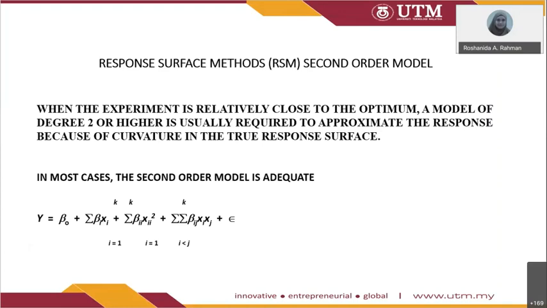Definitely a linear equation. You cannot get a second order model or higher order model or polynomial equation by using a two-level factorial design only. You have to remember that. But if you want to have a higher model, if you want to get the optimum point, then you have to go for RSM. That's why two-level factorial design is for screening.